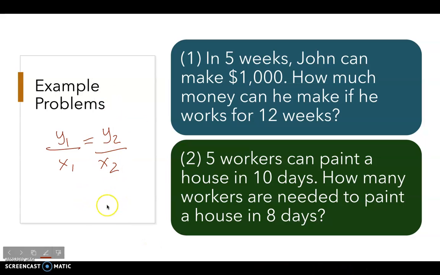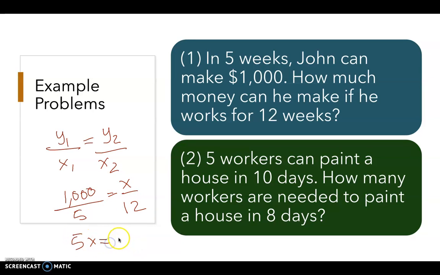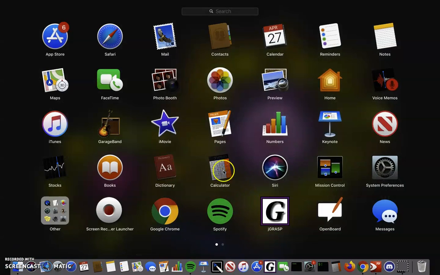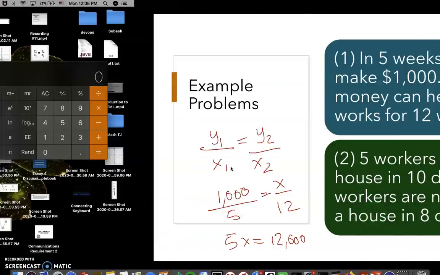So if I do that, then I get 1,000 over 5 equal to x over 12. So that means then I get 5x equal to 12,000. Okay? Now let's take out the calculator and figure out how much.